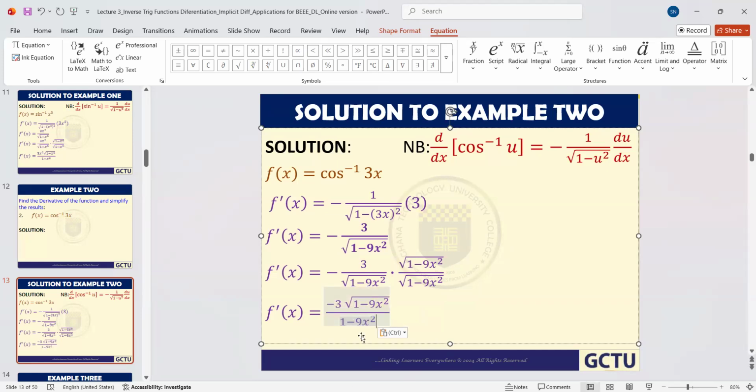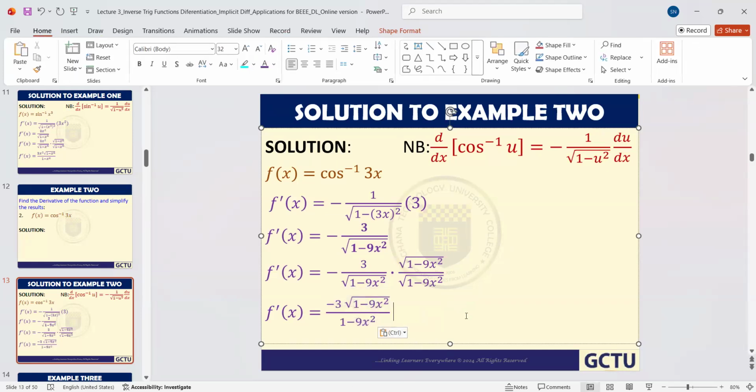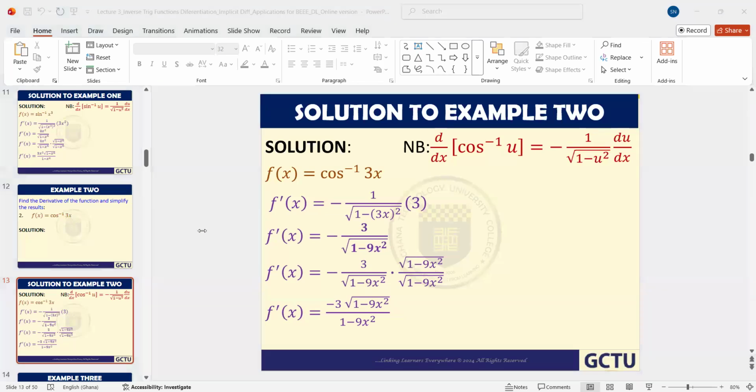I'm only going to have 1 minus 9x squared. And that should be the derivative of cos inverse of 3x. If we follow the formulas, we should be able to differentiate the functions one by one. Any questions? Hope you are okay.